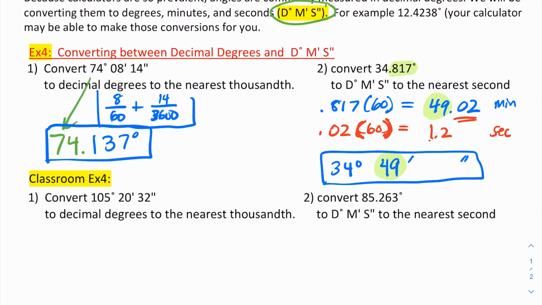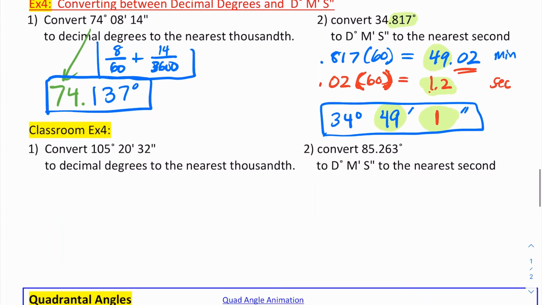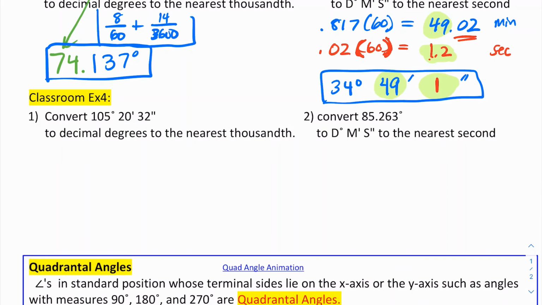And you do want to round here if you could, and if that was like 1.8, you would round that to 2, but in this case, we're just going to put 1. Okay, and that's seconds. So that's your final answer there. Please try 1 and 2 and see how you do on this one.